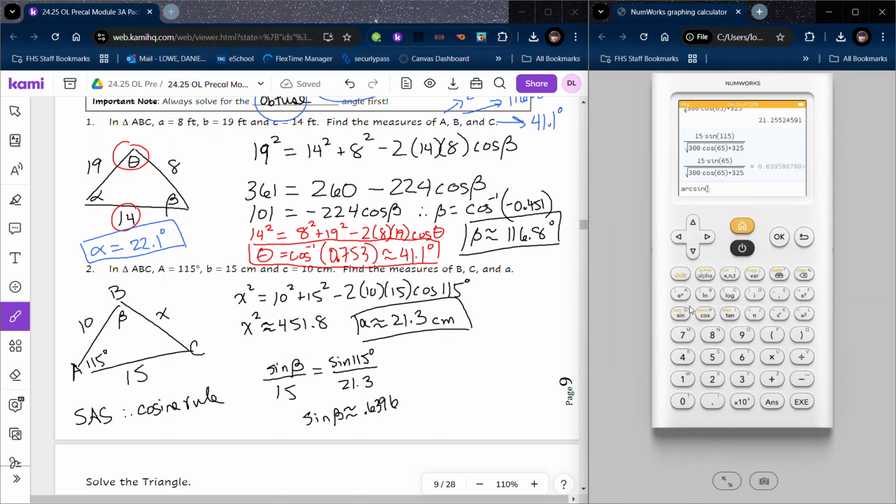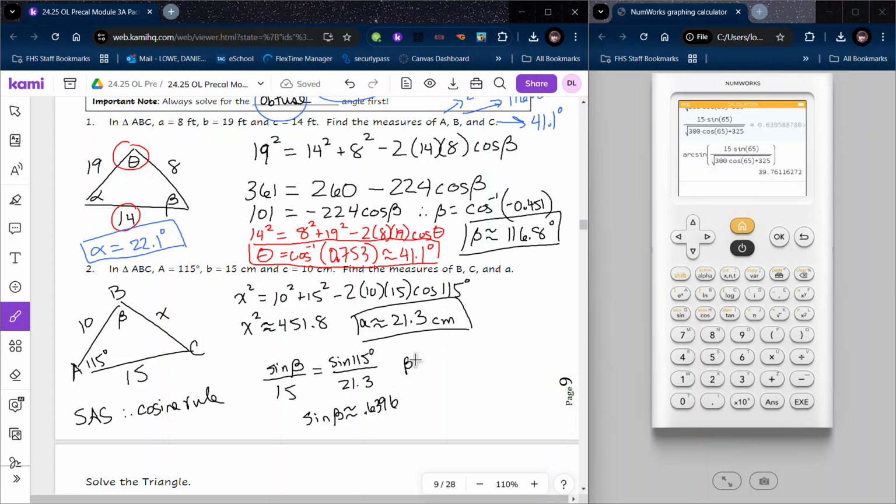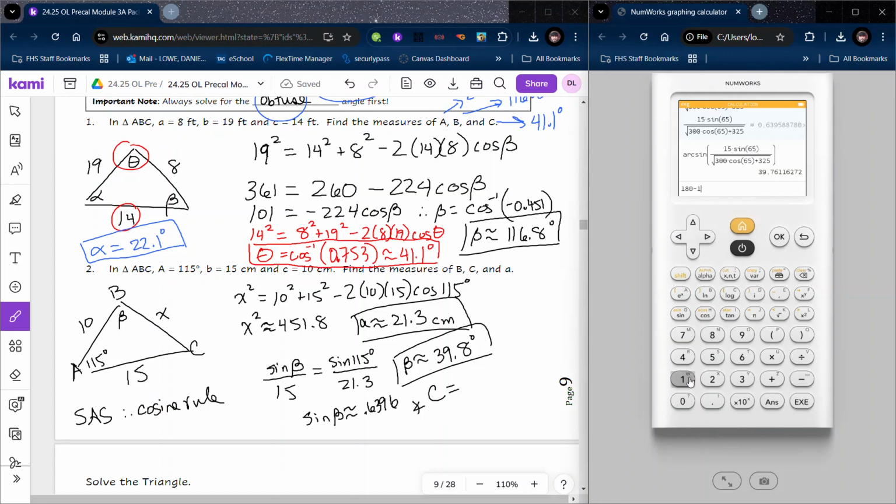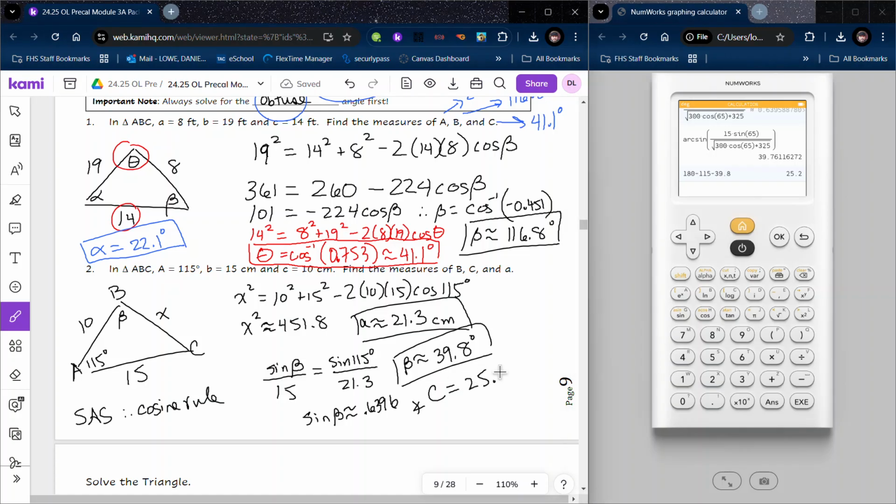So I'm going to go inverse sine of that answer, and that gives me that beta is approximately 39.8 degrees. And that means that angle C will have 180 minus 115 minus 39.8. So angle C is going to be 25.2 degrees.